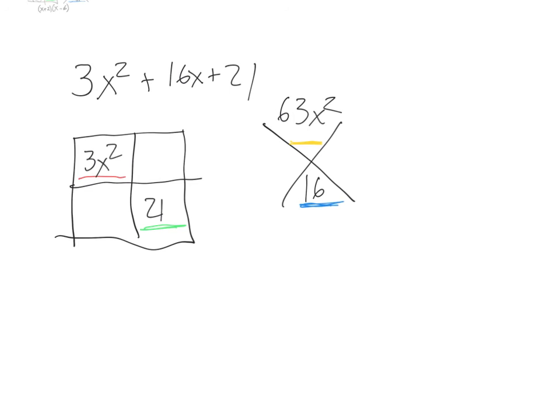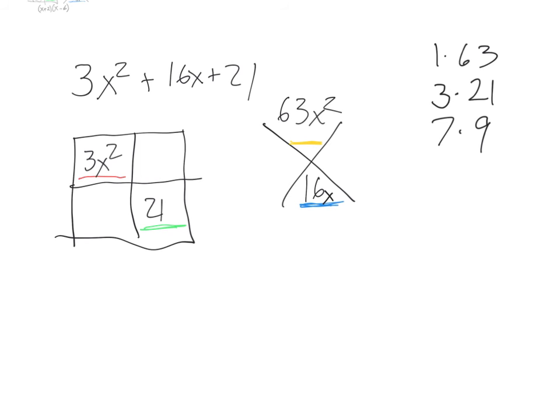Okay, so now you guys can see the factors of 63. 1 and 63 are, 3 and 21. Oh, and then 7 and 9.